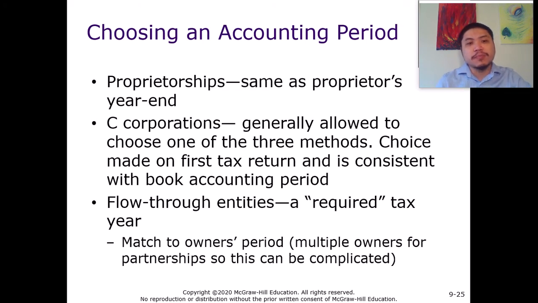So for example, if the business owners decide that the year end of the C corporation is July 31st, then starting from the second year, the third year, and so on, the tax year end should be consistent, meaning the business owner should keep the tax period ending on July 31st, unless they decide to change, though that's another story.